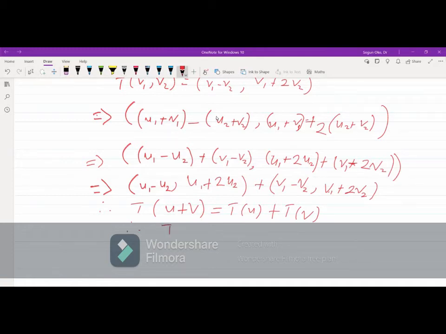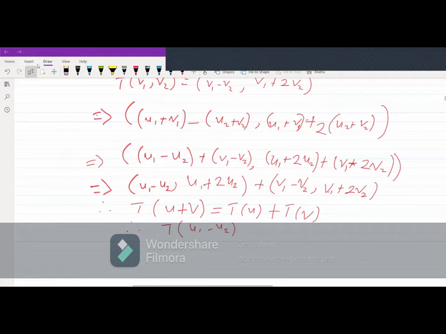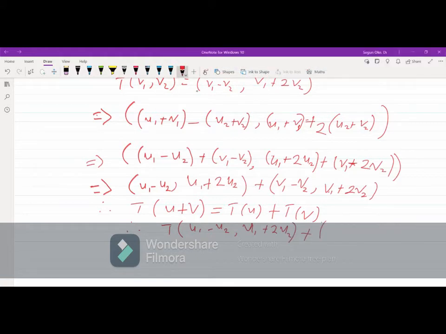We can say that we have T of U1 minus U2, comma, U1 plus 2U2, plus T of V1 minus V2, comma, V1 plus 2V2.